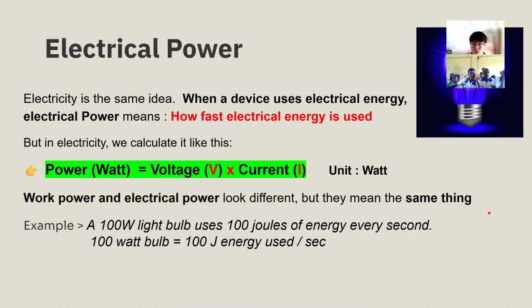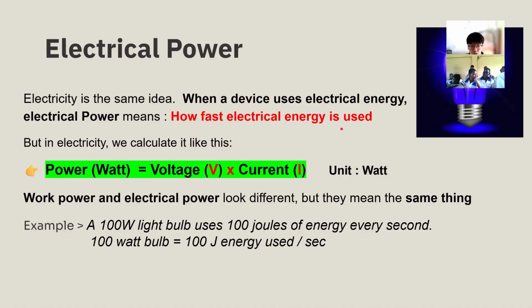Okay, then let's move on to a second category of power, and this is electrical power. We will focus a lot on electrical power in this lesson. Power applies the same with electricity. When a device uses electrical energy, electrical power means how fast electrical energy is used.